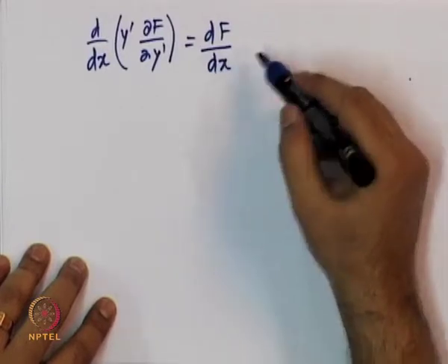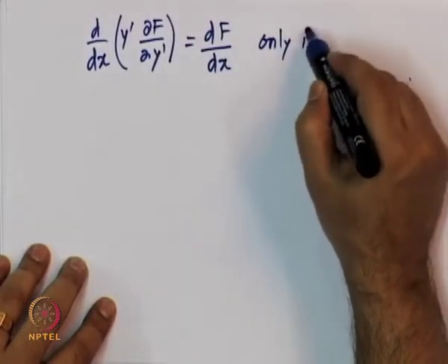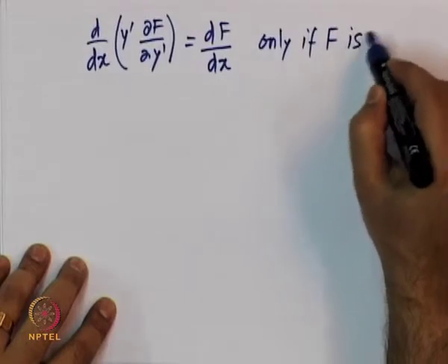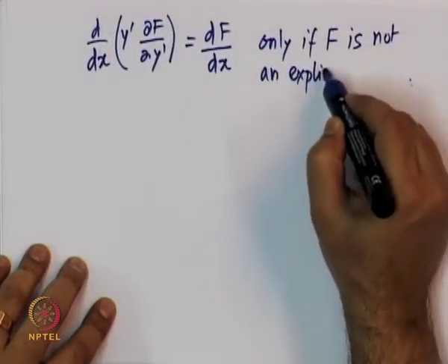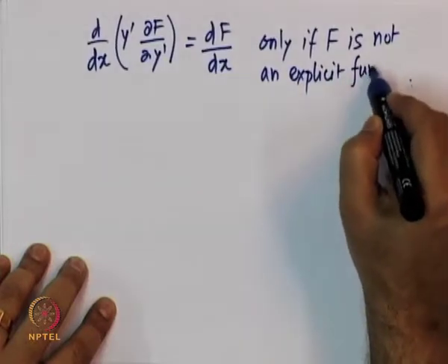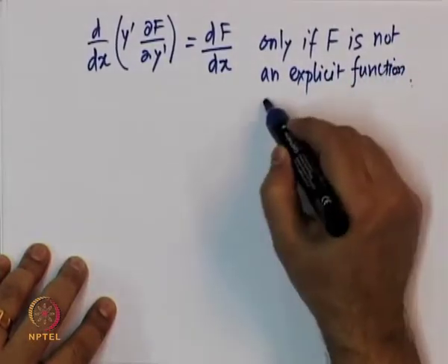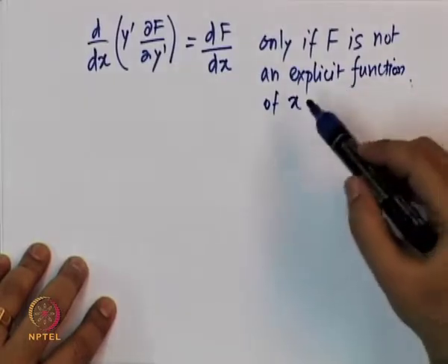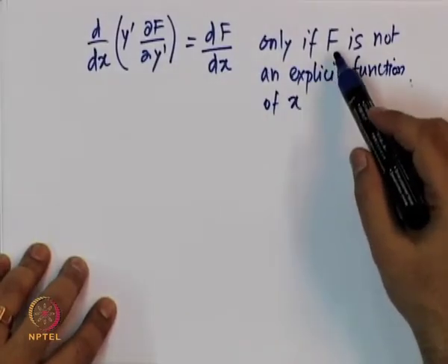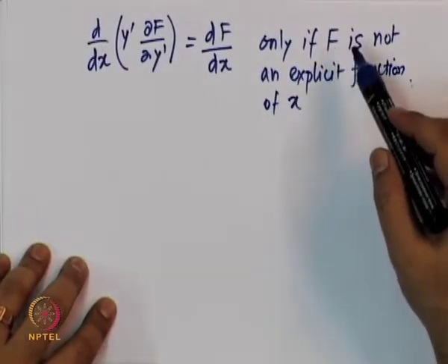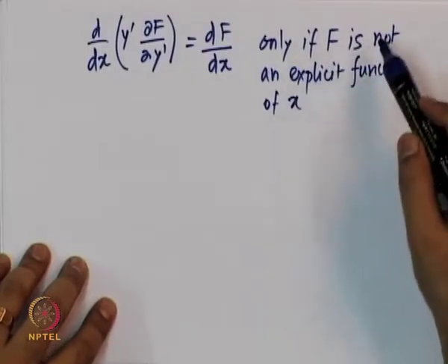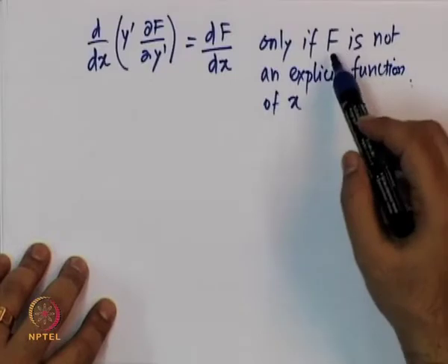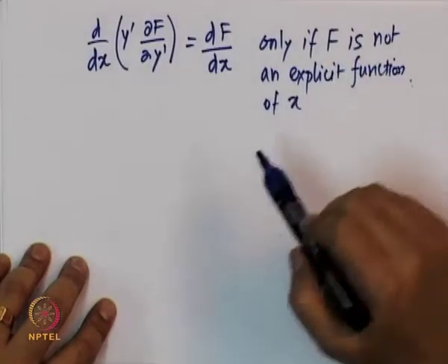So, this is valid only if f is not an explicit function of x. Okay. Calculus of variation textbooks basically deal with several cases where f is not an explicit function of y prime, where f is not an explicit function of y, and so on and so forth. So, this is when f is not an explicit function of x.